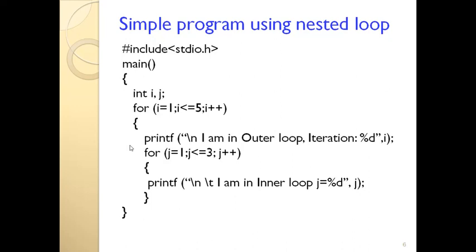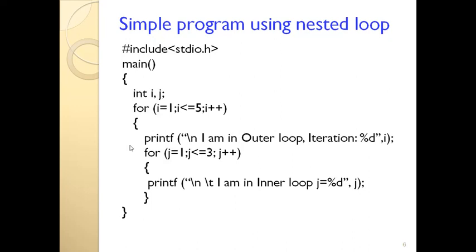Within the for loop, one printf statement is there. One more for loop is written: for j = 1, j <= 3, j++. Within the inner for loop, one printf is there.